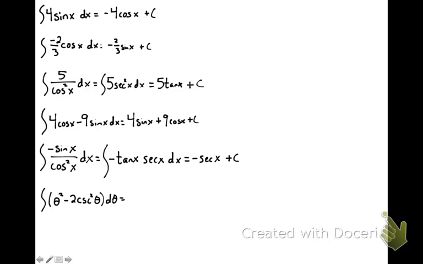Theta squared is really no different than x squared, so this integral of theta squared is 1/3 theta cubed. The integral of cosecant squared is negative cotangent, so this must have been plus 2 cotangent theta plus c. Now we've got some examples on integrating basic trig functions.